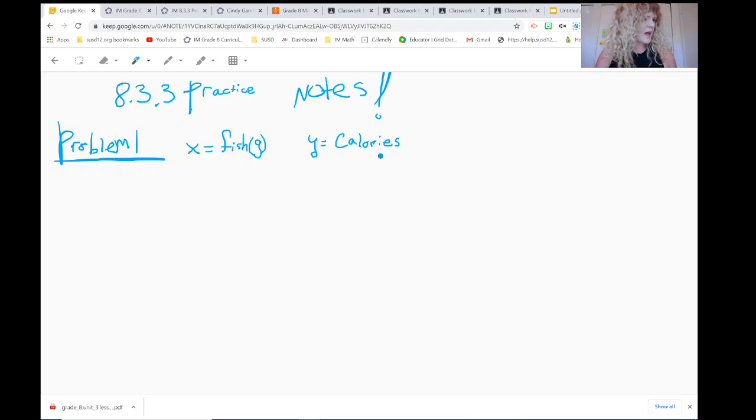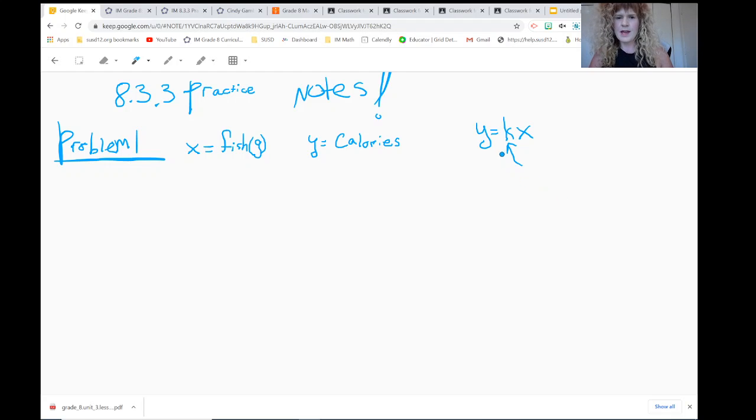Okay, they asked us to write an equation that reflects this relationship. Remember, our equations for proportional relationships take the form y equals k times x, where k is a rate, sometimes called the proportional constant.